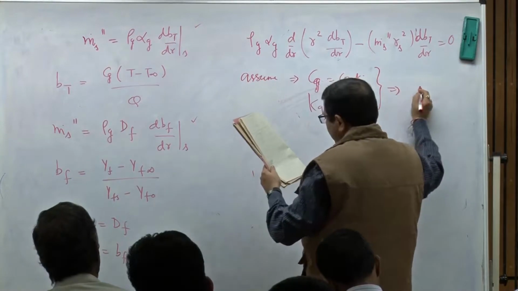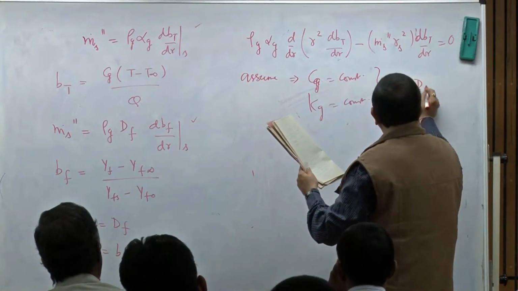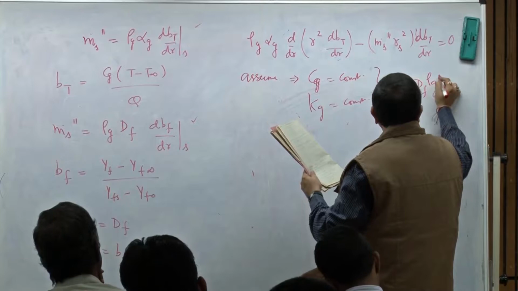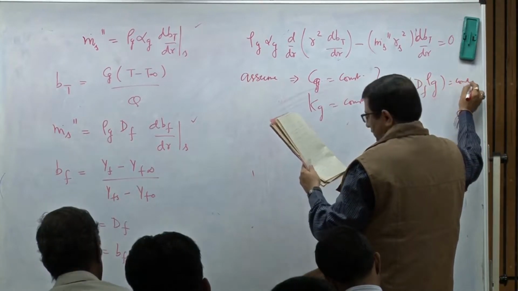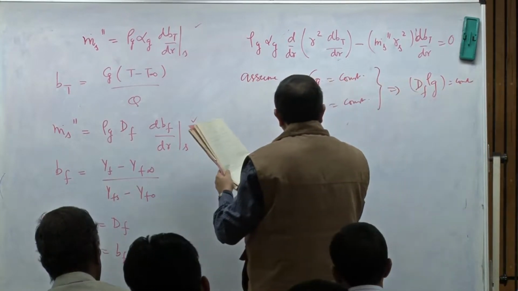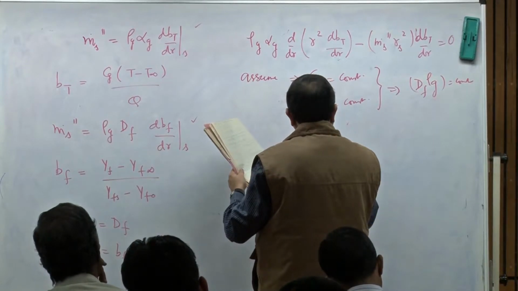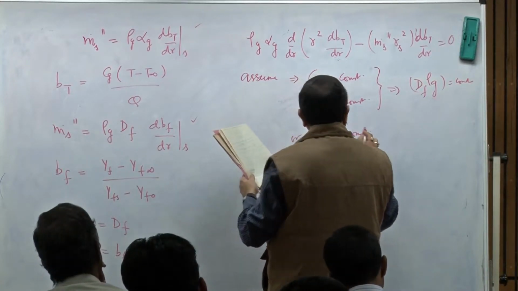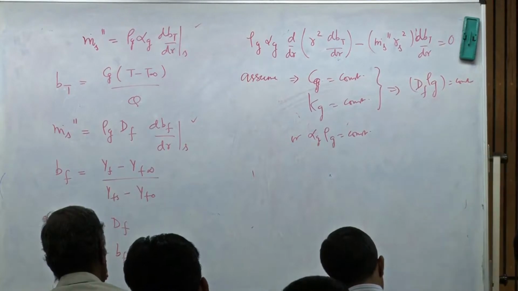This too will imply that d f rho g is a constant, or alpha g rho g is a constant. This is from standard identities. So, I am just writing that there.